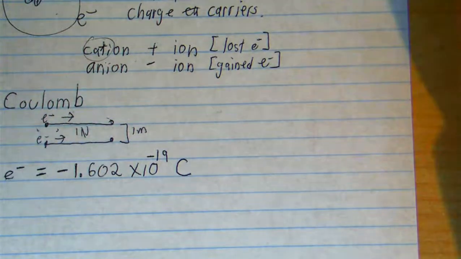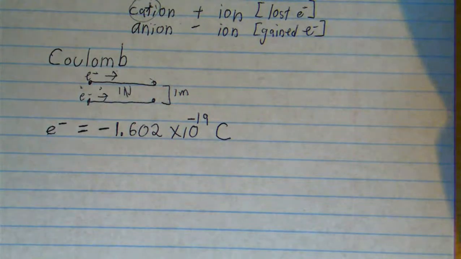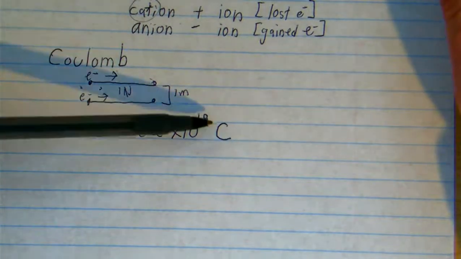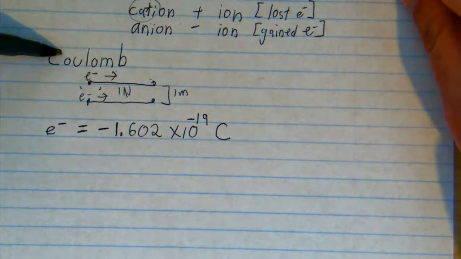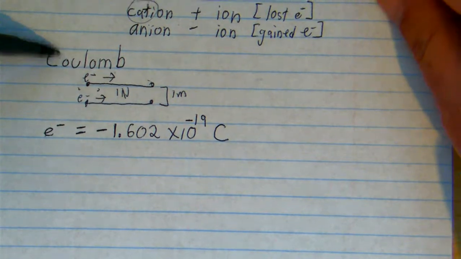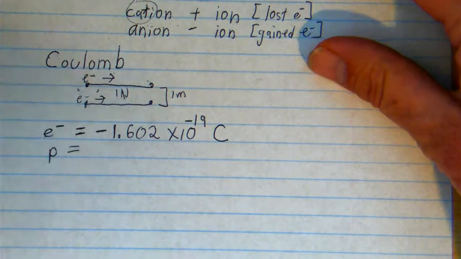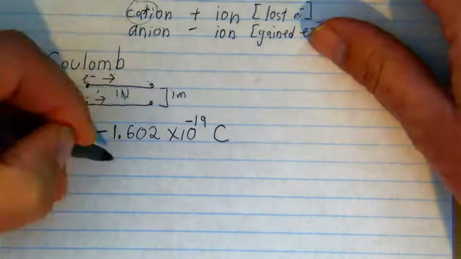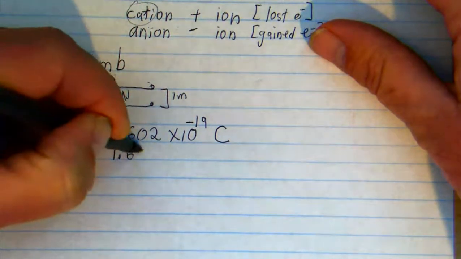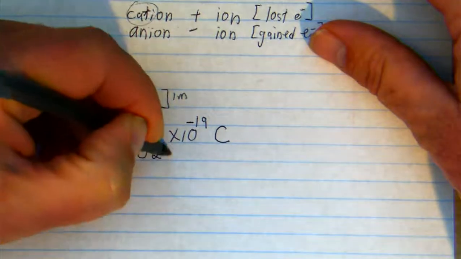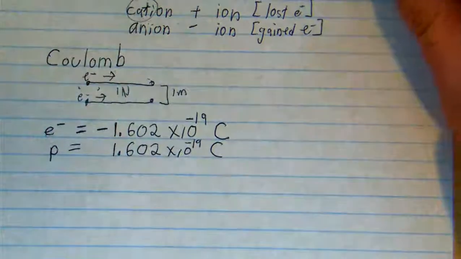Coulomb is with a capital C. It almost looks like degrees Celsius to you, I know. But capital C is coulomb of charge. The charge on a proton is exactly the same magnitude, but it's positive in sign. 1.602 times 10 to the negative 19th power coulombs.